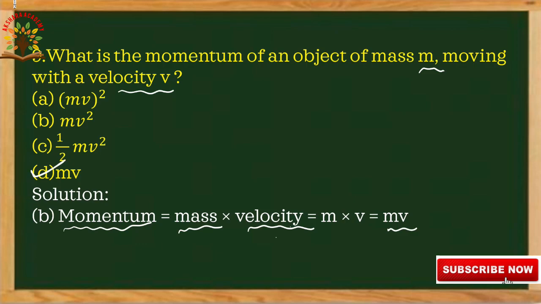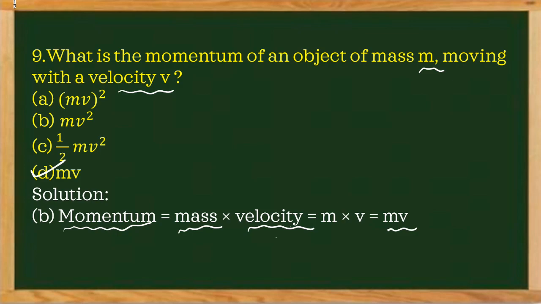So what is the momentum of an object of mass m moving with the velocity v? Momentum is equal to mass into velocity, m into v, that is mv. Which option is correct? The fourth one is the correct option. Next we will go to the next question.